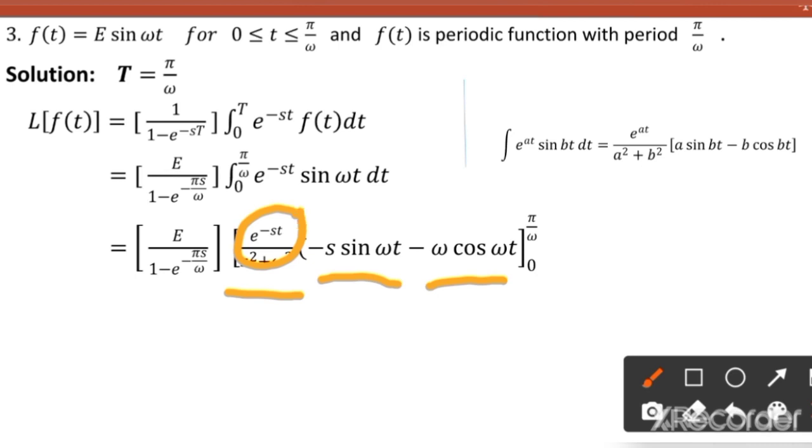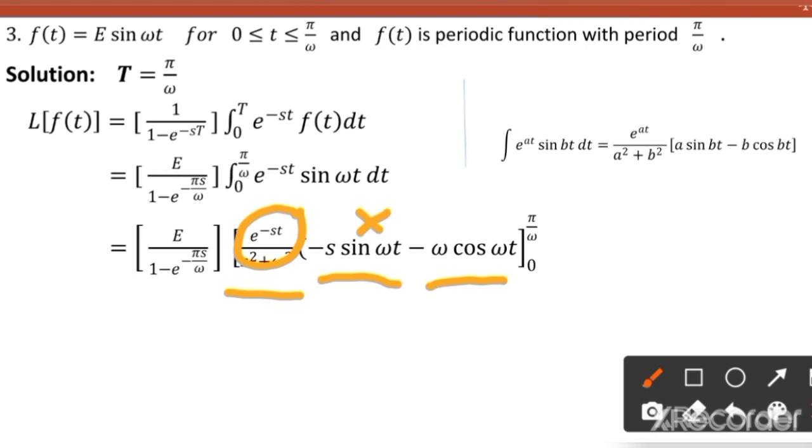While applying the upper limit, sin omega into pi by omega, omega cancels, sin pi. What is sin pi? Sin pi is 0. Again for the lower limit, sin 0 is 0. So the sin omega t term with exponential minus st vanishes after applying both upper and lower limits.